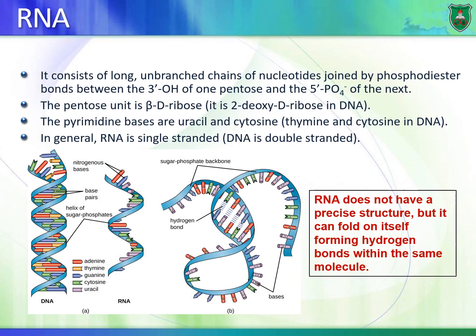So RNA, very briefly, is usually a single-stranded molecule. It's really long and unbranched because it's not a helical molecule. Now you do have the bases oriented sideways, and you have a backbone, very similar to a DNA strand.